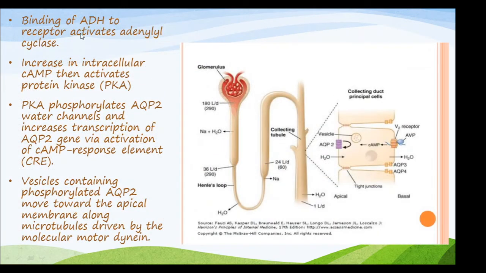So the binding of the ADH to its receptor, as we saw right now, V1 or V2 receptor, activates adenyl cyclase. You can see it over here. It converts ATP to cyclic AMP, which activates protein kinase A. The protein kinase A activates what is called AQP.